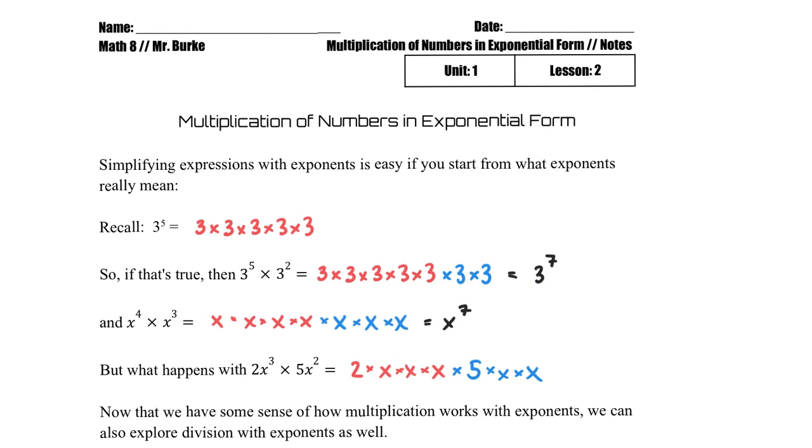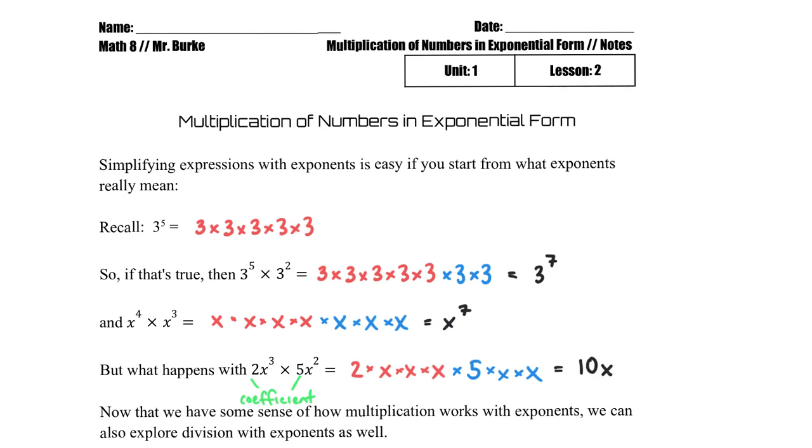Okay, so what does that mean? When we go to multiply this, what we're actually going to do is take this 2 and this 5. Those are called coefficients, because they're not part of the base. So what we're going to do is multiply those coefficients first. 5 times 2 is 10.